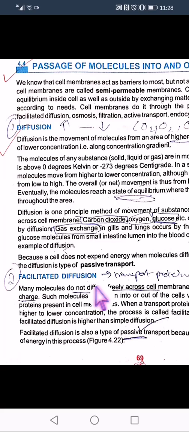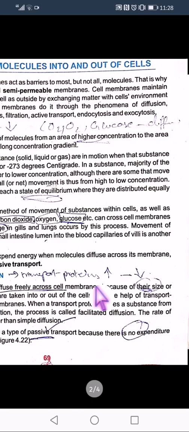When a transport protein moves a substance from higher to lower concentration, the process is called facilitated diffusion. They facilitate those molecules that are not easily movable. Facilitated diffusion is also a type of passive transport, as there is no expenditure of energy in this process too.